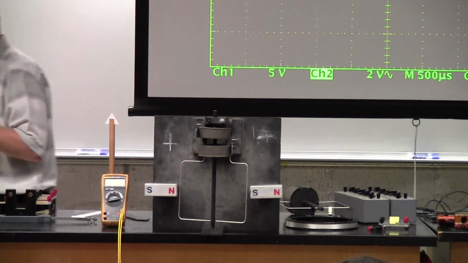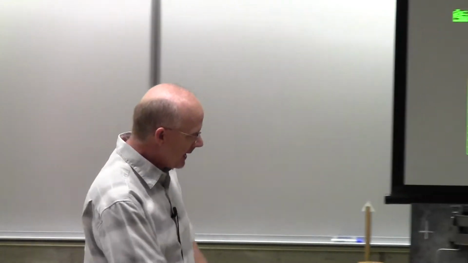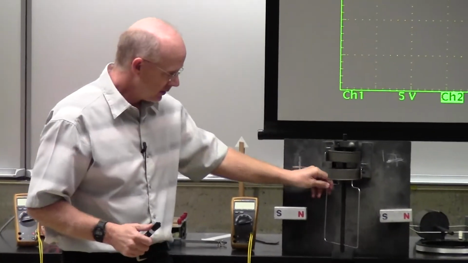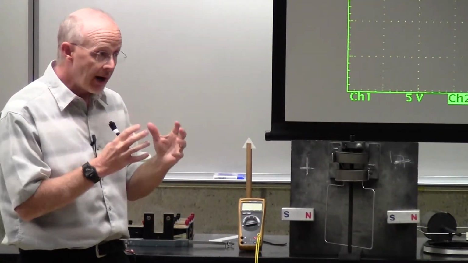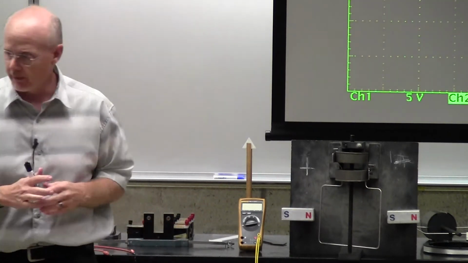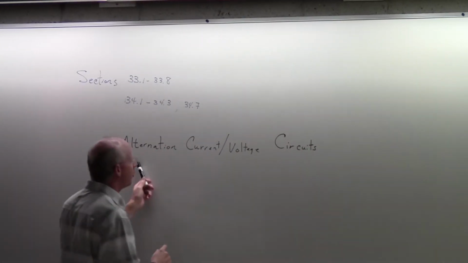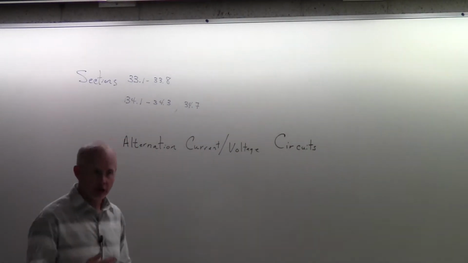What is the EMF produced if you had a magnetic field and a wire spinning in a magnetic field? Well, shall we work it off real quick? But that's why the title is called Alternating Circuits.